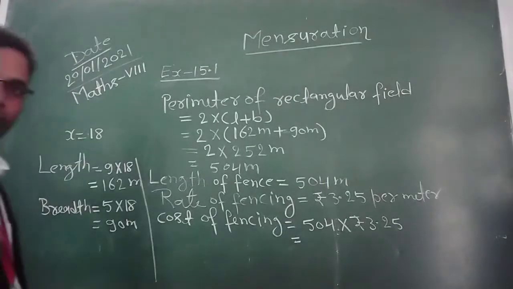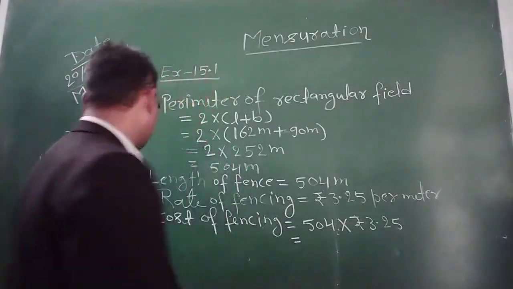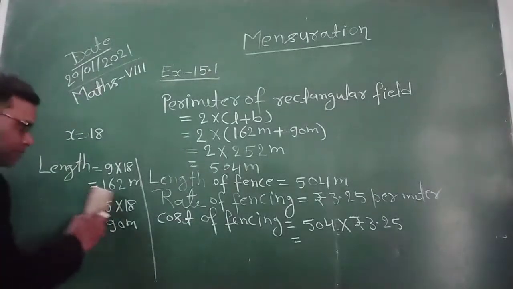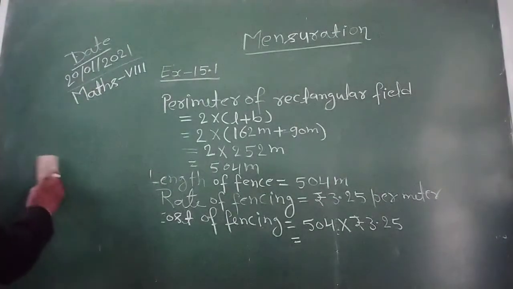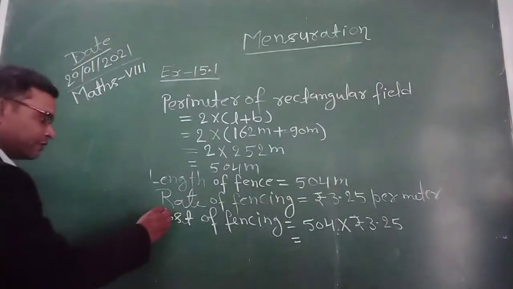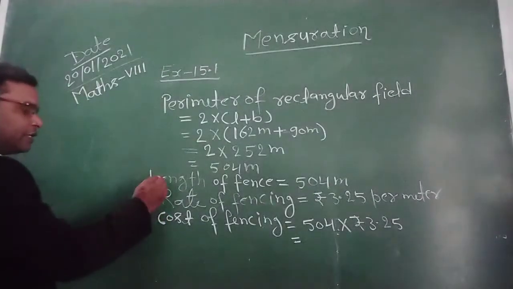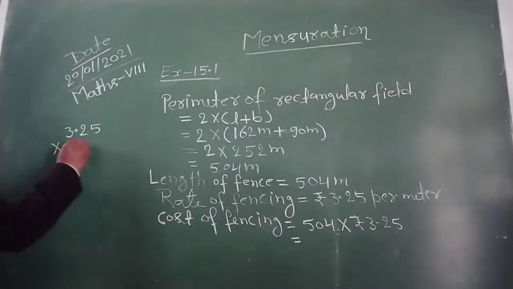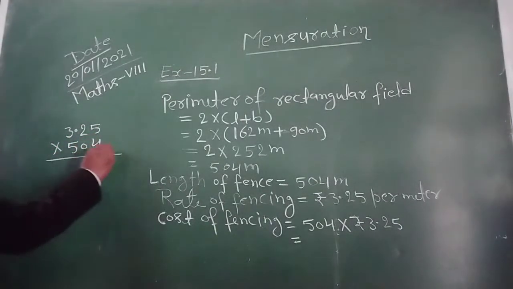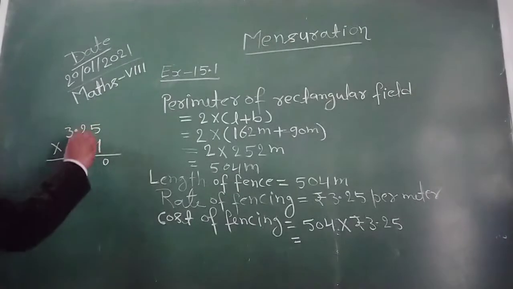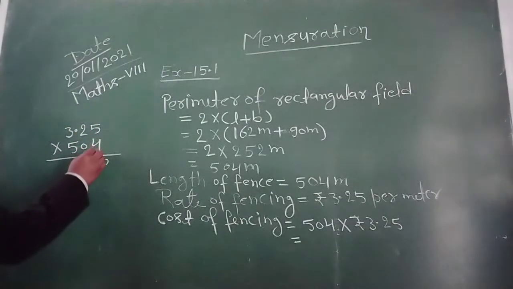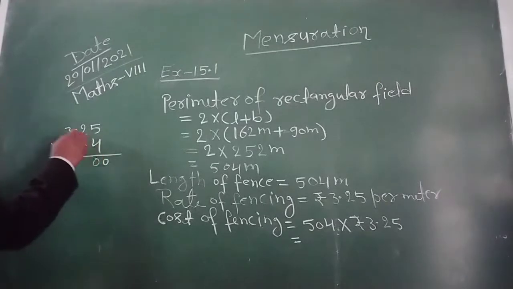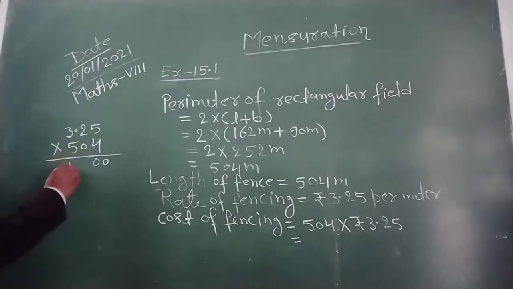So students, I hope all of you know how to multiply. So let's see how to multiply. What is the cost of fencing? Here you multiply it. So we have 3.25 into 504. So 4 into 5 is 20, carry 2; 4 into 2 is 8, plus 2 is 10, carry 1; 4 into 3 is 12, plus 1 is 13.